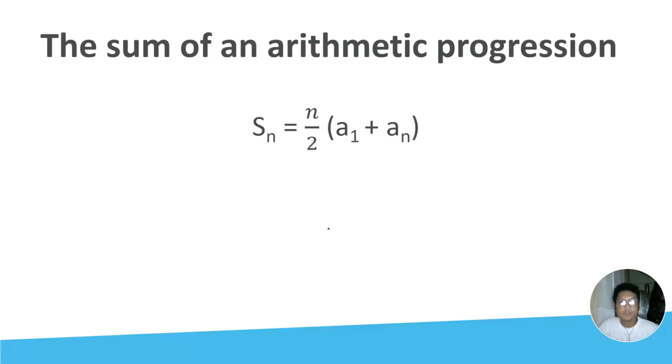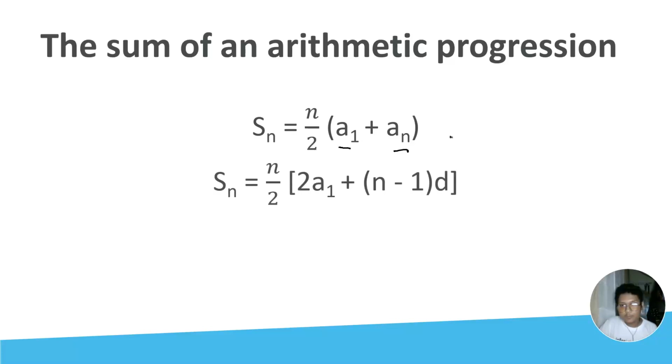The sum of an arithmetic progression, the formula is n over 2 times a1 o yung first term plus a sub n o yung panghuling term. Okay, or simply the average of the sum of the first and last term.